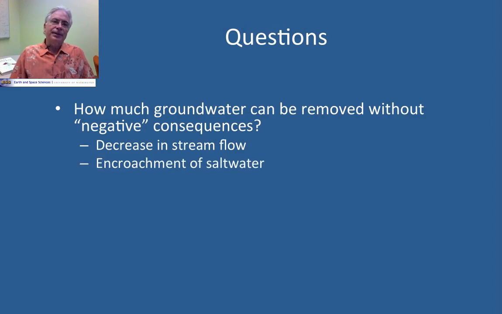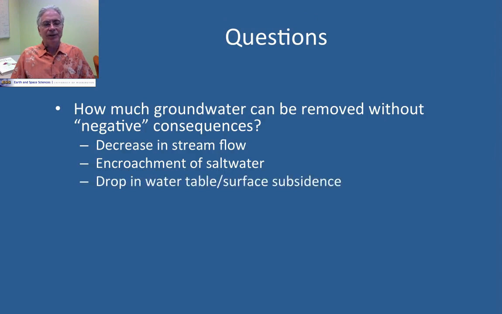Groundwater pumping near oceans can result in encroachment of salt water. And so the question is, how much water can be pumped without encroachment of salt water to water production wells?